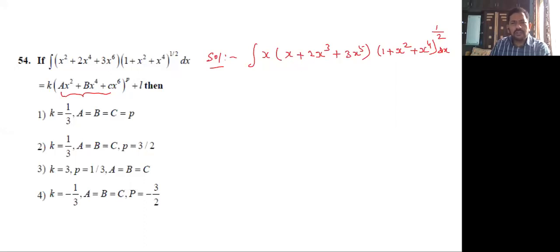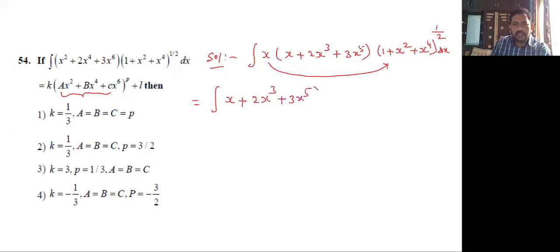Now this x, send to inside the second term. In the second term, power 1 by 2 is already there, that means root.